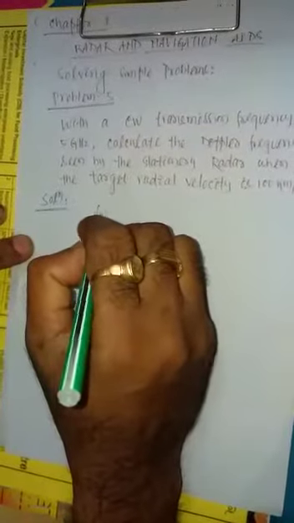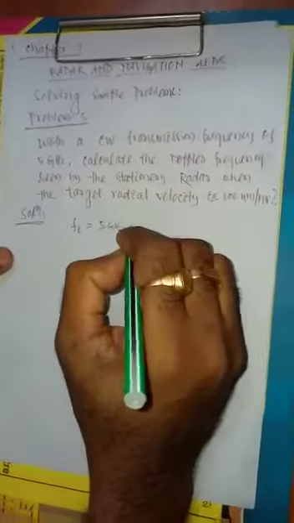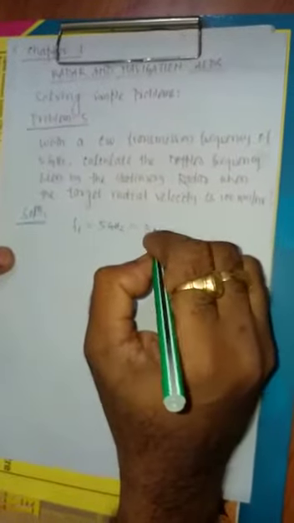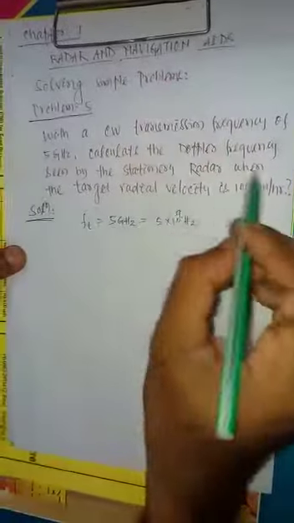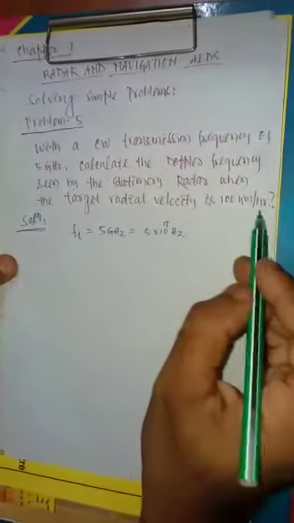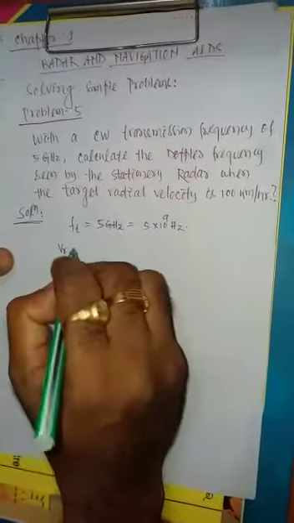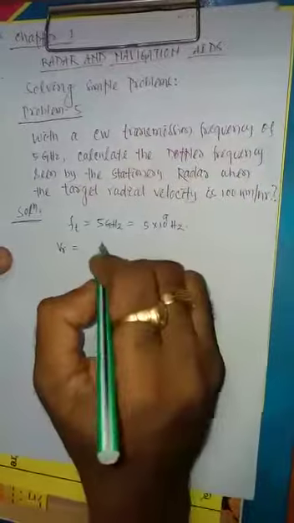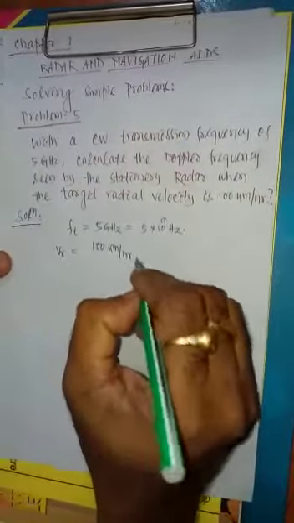It is given the transmission frequency is 5 GHz. This is equal to 5 into 10 to the power 9 Hertz. And it is given that the radial velocity is 100 km per hour. So radial velocity VR is equal to 100 km per hour.